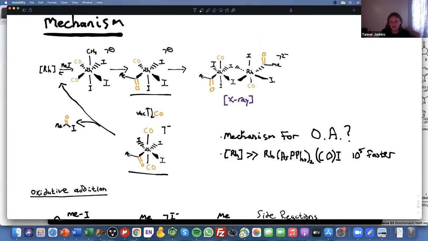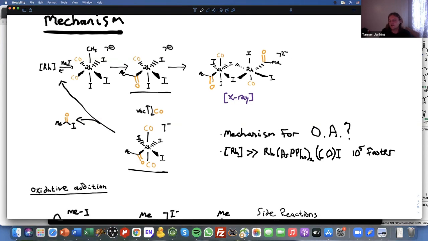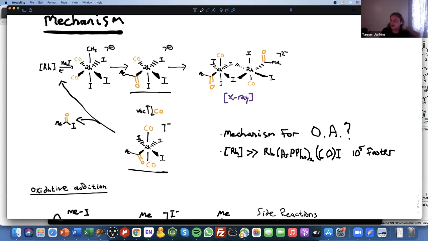And so while now we have a good understanding of how this reaction works, does anyone want to propose what mechanism for oxidative addition might be operable here? If you remember back from the oxidative addition lecture, we have a few options: SN2 type, concerted, 3-centered, electron transfer.